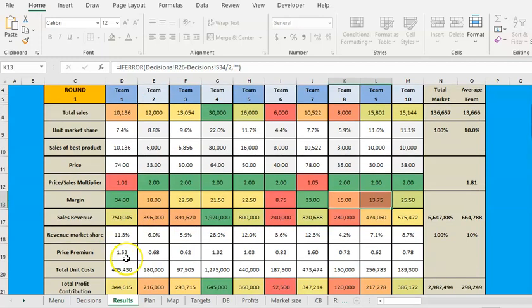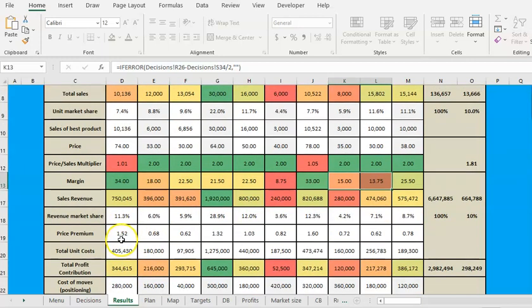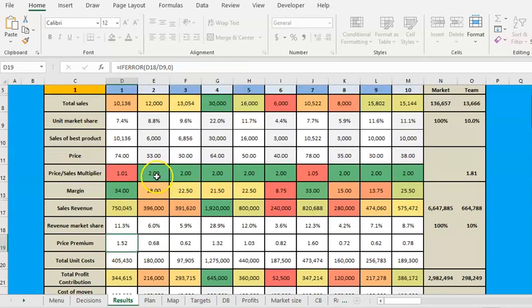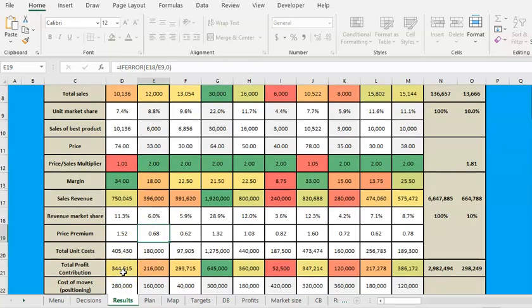Then sales revenue, market share, price premium. Obviously we're above the marketplace at $74. These ones are well below. Cost structure, and obviously the key number here is profit. So they're the most profitable firm. Firm one's done okay, and they've not done too well.